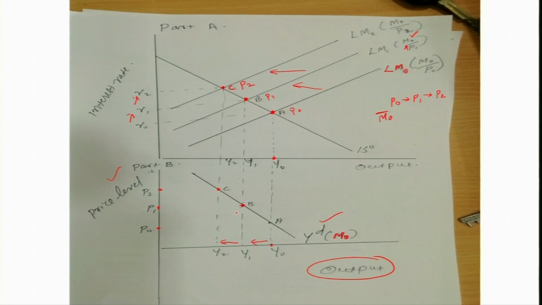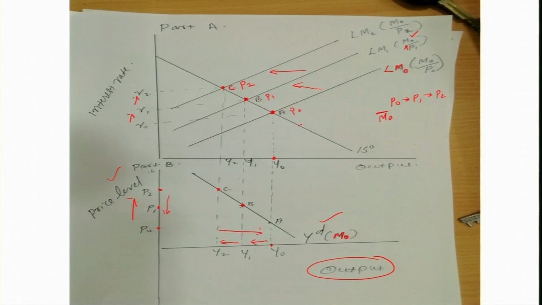That means when we take flexible prices and increase price, you can see the LM curve shifting leftwards, which means a new equilibrium position. Translating this to the part B diagram, you can see that with an increase in price level there is a decrease in output, and with a decrease in price level there is an increase in output.